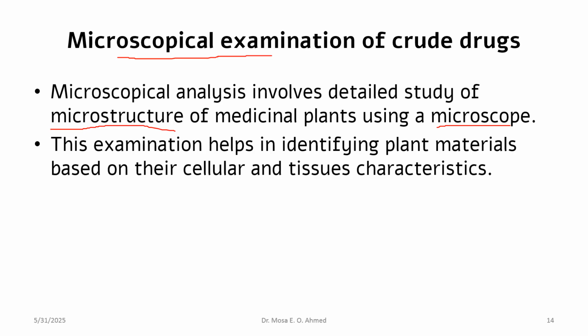This examination helps identify the plant material deposited in these cells or tissues. So microscopy can be used for determining the microstructure of the plant, identifying the presence of plant material or secondary metabolites within the tissue of the plant, or determining the identity of the plant used.